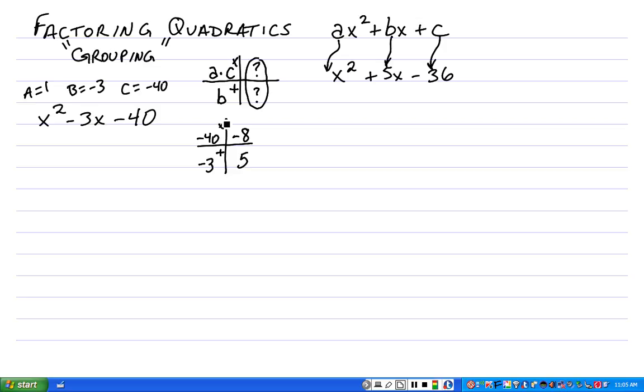That's what this x means, times. And negative 8 plus 5, and that's what this plus sign is for, because you want to add these two numbers to get whatever this is. So negative 8 plus 5 is a negative 3. So now I found my two numbers. These are my magical two numbers right here.